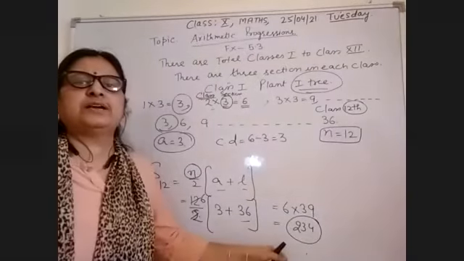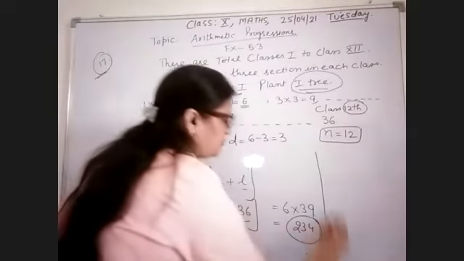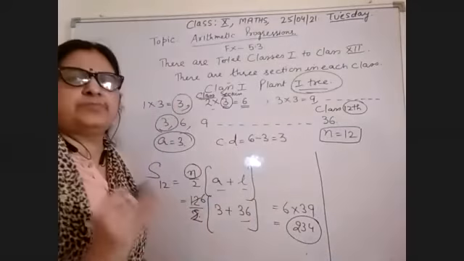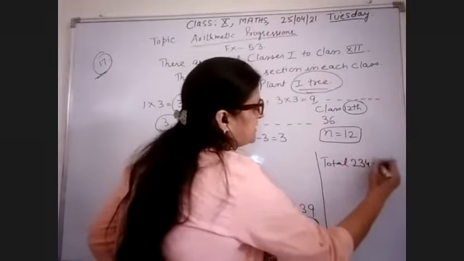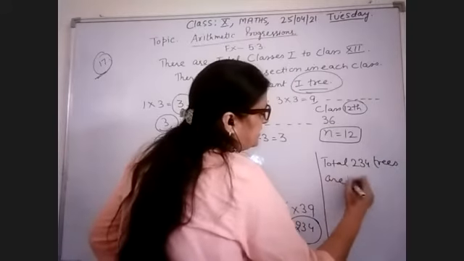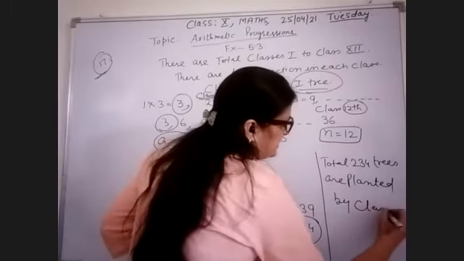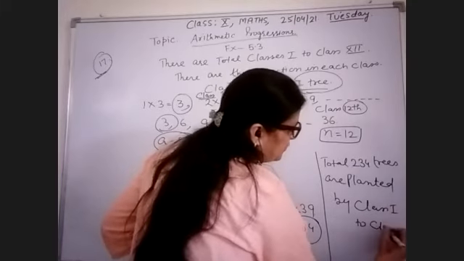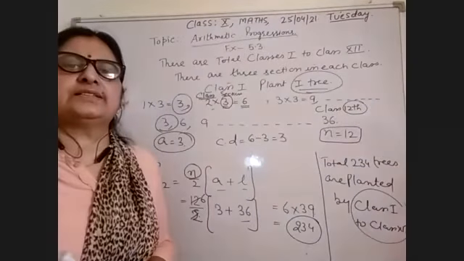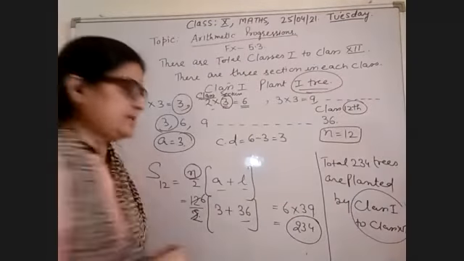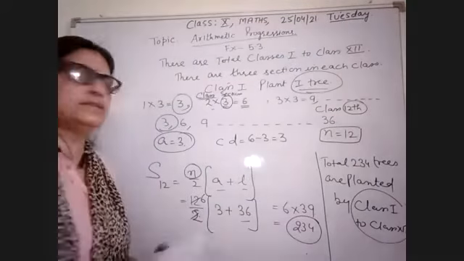Total how many plants are planted by 12 classes? Total 234 trees are planted by class 1 to class 12th. Total how many trees were planted up to class 12? 234. Clear? This question is clear now.